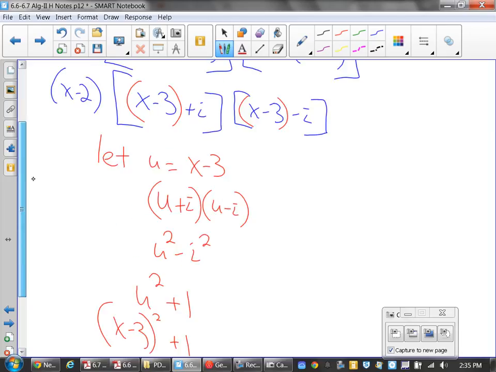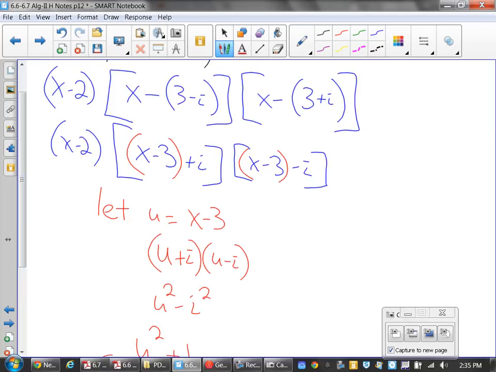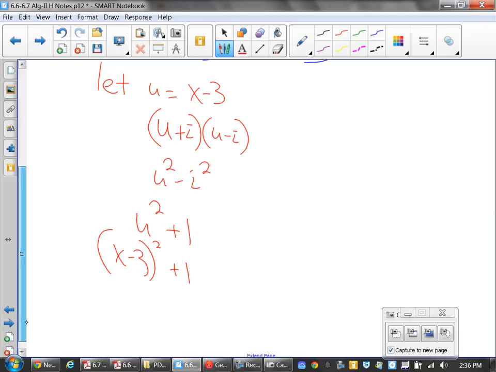What happens here is we're taking something that looks kind of weird with these extra terms in here. Instead of foiling it out there, which we could have, we did a little shortcut and had u squared minus i squared.